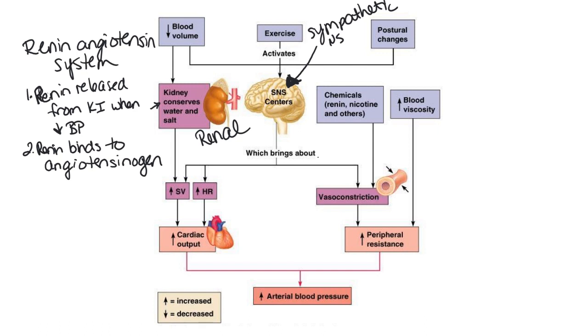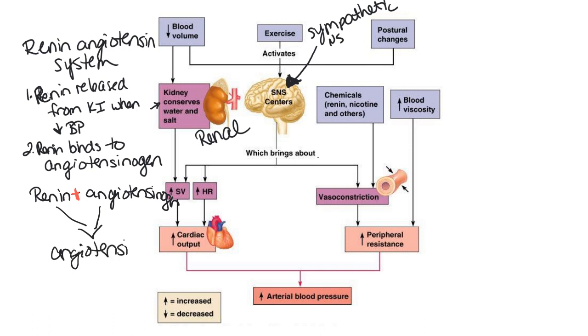And when that renin plus that angiotensinogen, that's going to give us angiotensin. So that combination there is going to become angiotensin.